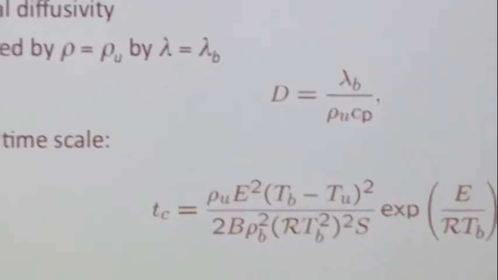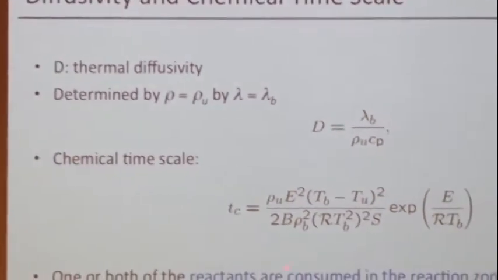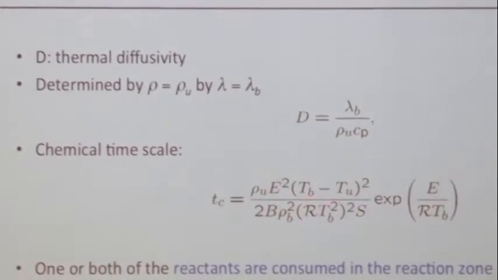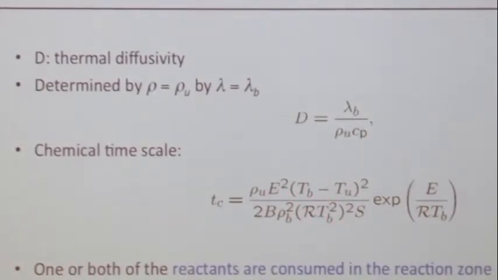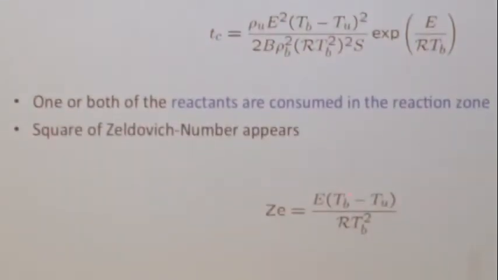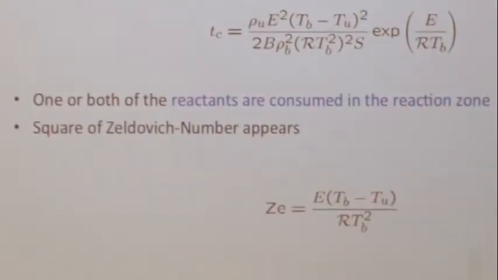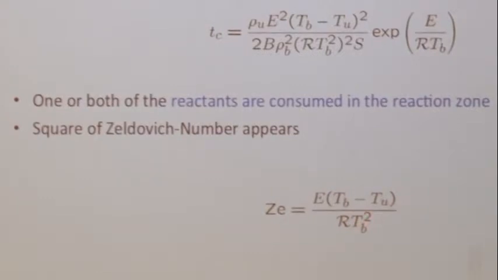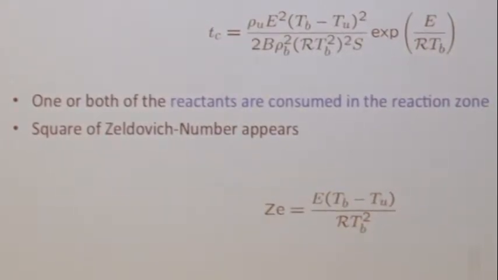And what's interesting is you have this Zeldovich number that appears here in this term. The Zeldovich number is the activation energy times Tb minus Tu divided by Tb squared. Or you could say the Zeldovich number really, it compares this non-dimensional group that compares the heat release with the activation energy.